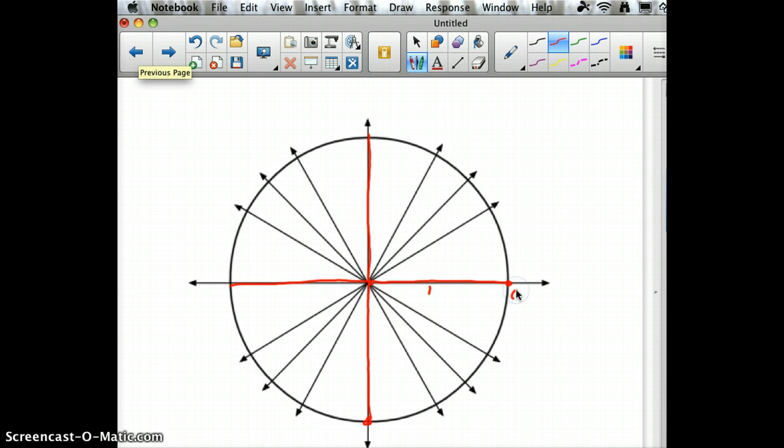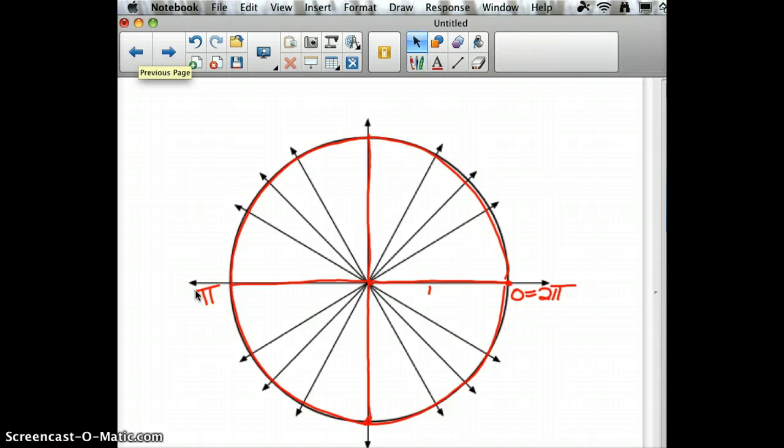This is 0 radians, or if you want to picture me already having gone all the way around, I could think, well, it's 360 degrees, which I just told you is 2 pi. And again, halfway around is pi. Notice what pi is telling you again: pi is about 3.14, and it takes about 1, 2, 3-ish of those radii units to stretch across there.